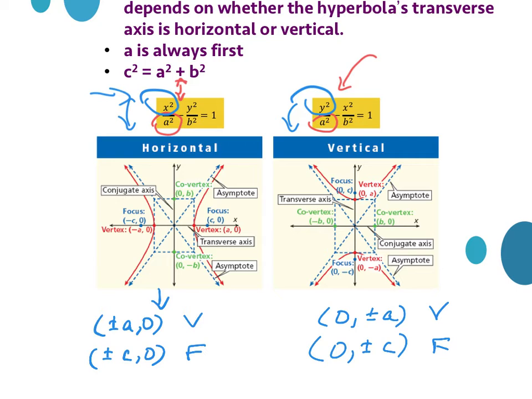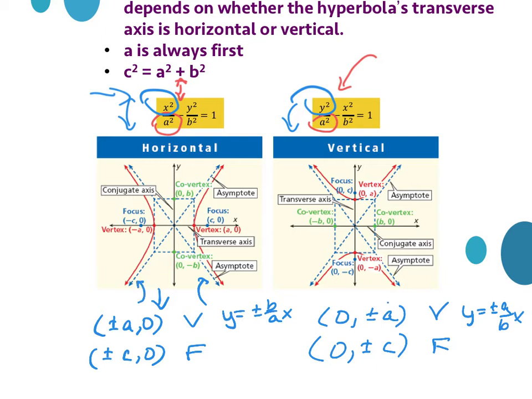Your asymptotes, and we're going to see this on the next slide, whenever it's horizontal, the asymptotes are going to be the equation of the line y equals plus and minus b over a x. And over here, y equals plus and minus a over b x. These are going to be asymptotes. So notice the asymptotes are these blue dotted lines.